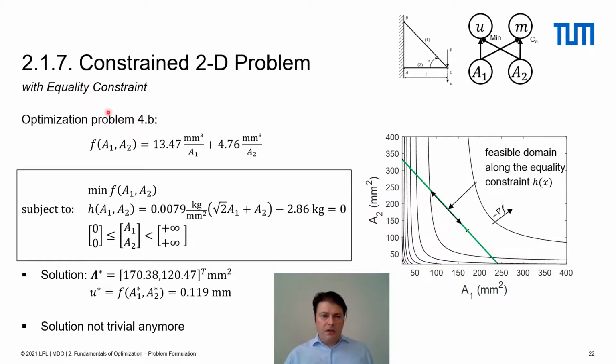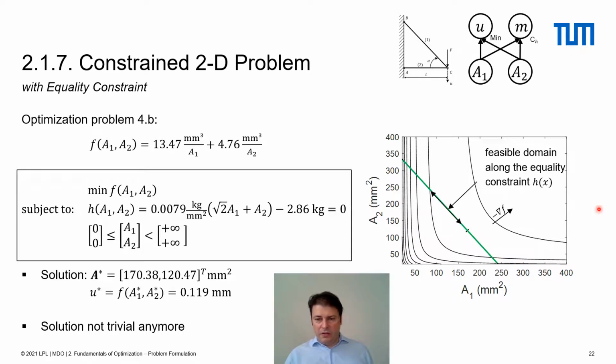Now, similarly to what we did in the one-dimensional case, we will look at the second type of problem with an equality constraint, which will turn into a mathematical problem statement like this. Minimize f of A1 and A2, and now subject to exactly the same expression, only that it evaluates to 0, which means that a solution needs to be selected from this line.